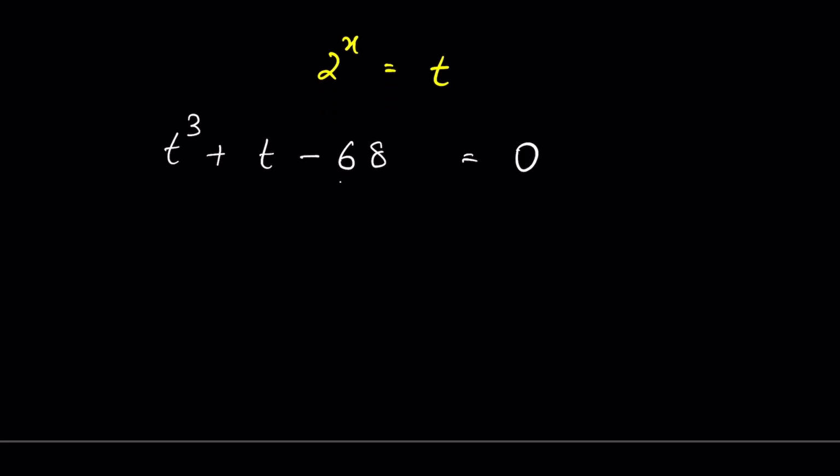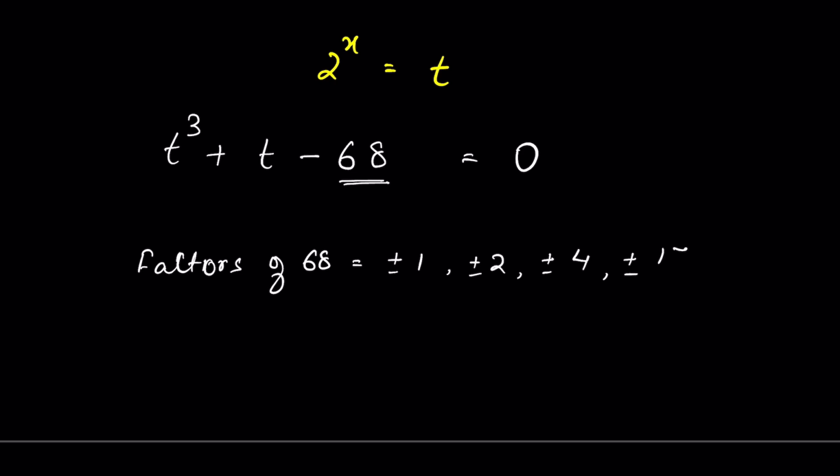Now factors for 68 will be plus minus 1, plus minus 2, plus minus 4, plus minus 17 and plus minus 34. So let's say we take value of t as 1, but that will not satisfy this equation, it is not equal to 0. If we take t is equal to plus minus 2, then also it is not equal to 0.